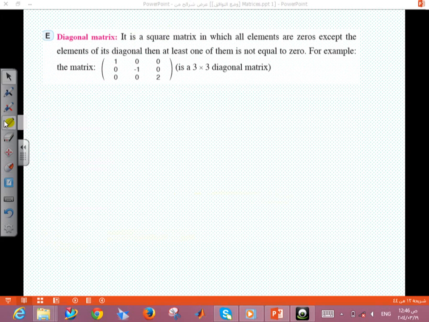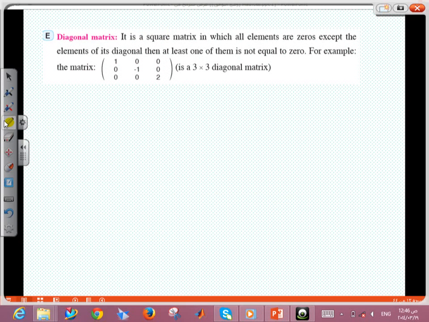Diagonal matrix means a square matrix in which all elements are 0 except the diagonal, at least one of which is not equal to 0, like this. Okay? The diagonal elements are not equal to zero and all other elements are equal to zeros.